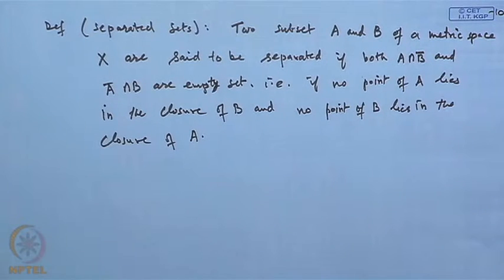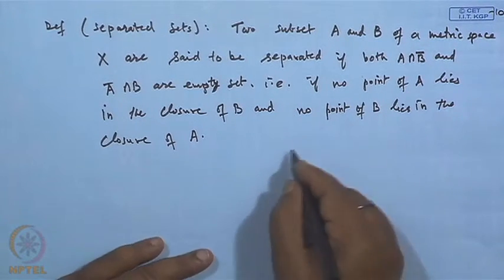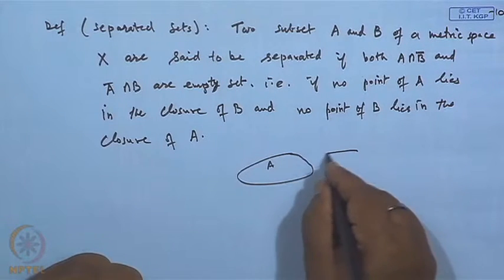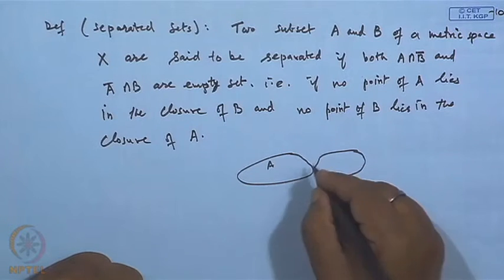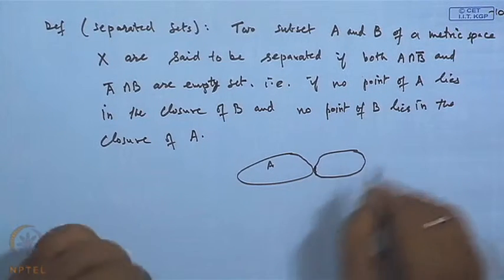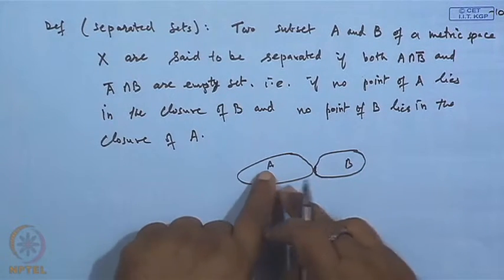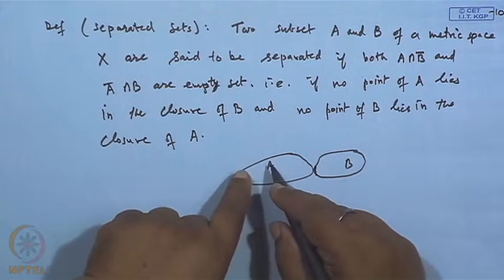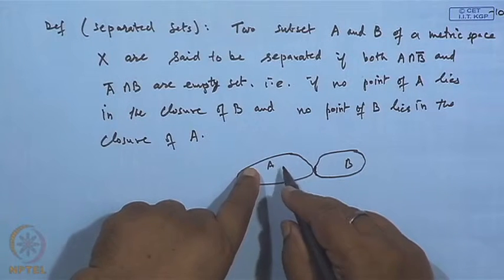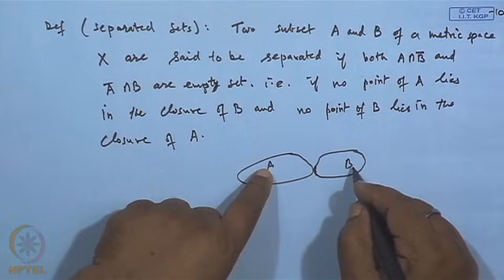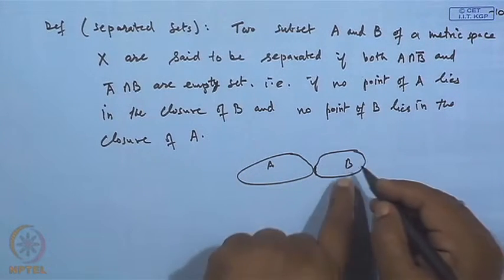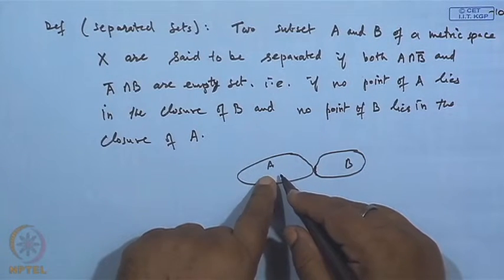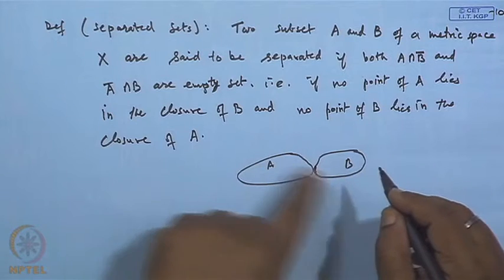Then we say these two sets are separated. It means here is one set A and here is another set B, not just disjoint. Now, if I take the limit points of A, all the points of A, then they should not belong to the closure of B. And if we take any point of B, all its limit points, if they do not belong to A, then we say A and B are separated.